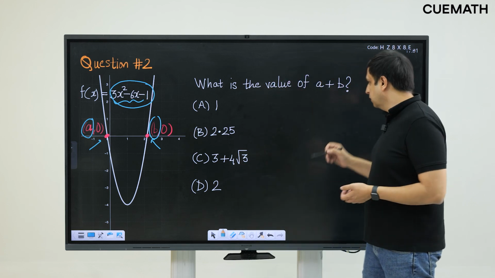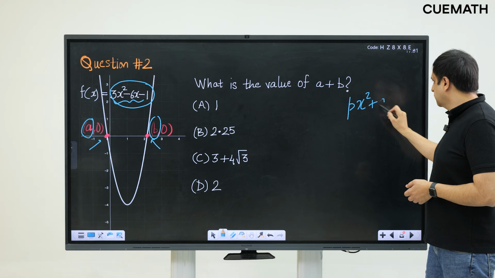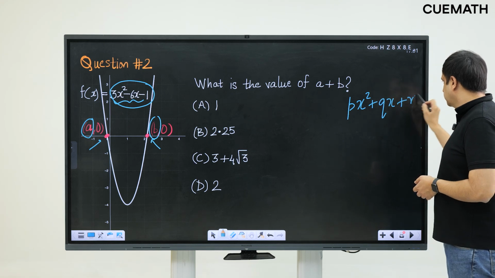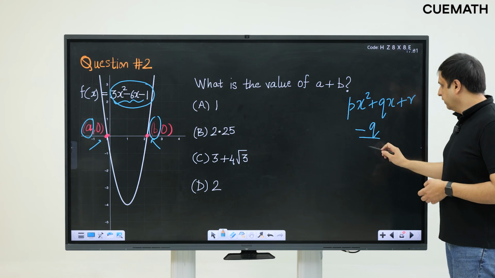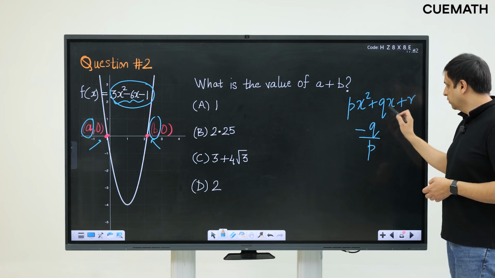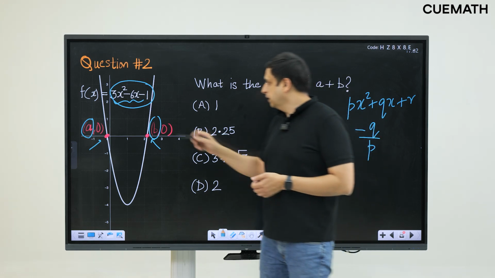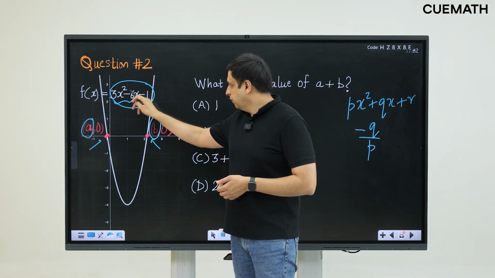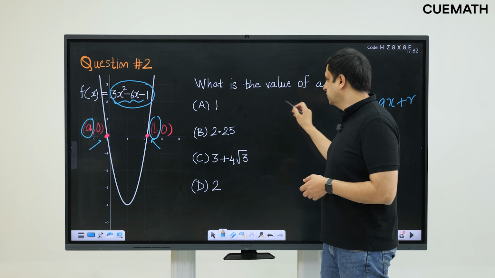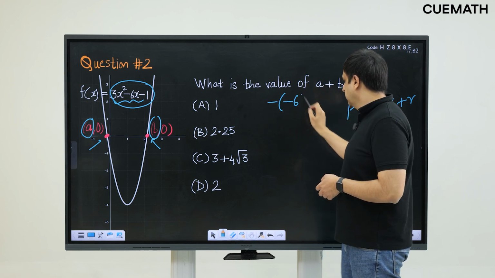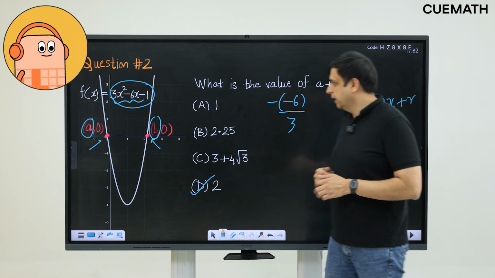The sum of the zeros of a quadratic polynomial px^2 + qx + r is the negative of the coefficient of x divided by the coefficient of x^2, so -q/p. In this case, a + b will simply be the negative of -6, which is 6, divided by 3, and that is 2. So option D is the correct answer.